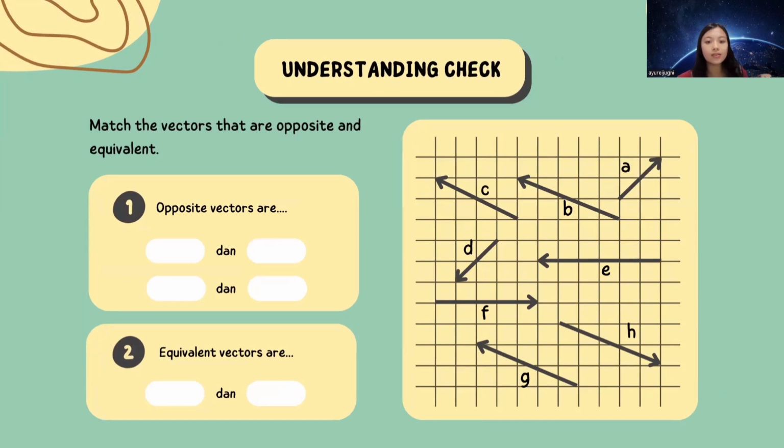Now, let's do a short activity together. Please observe the vectors labeled A until H. Your task is to find opposite vectors and equivalent vectors. I will give you 1 minute to discuss with your friend.